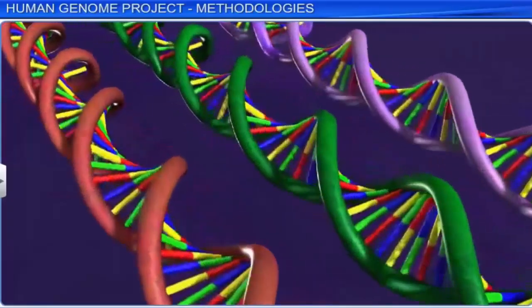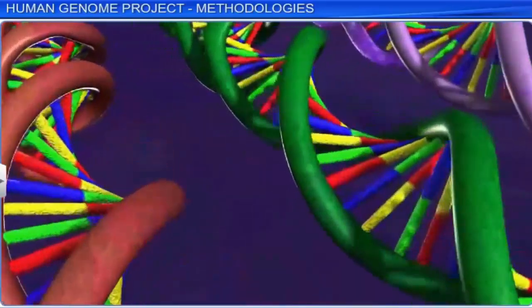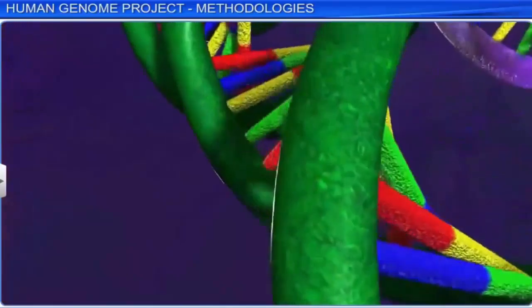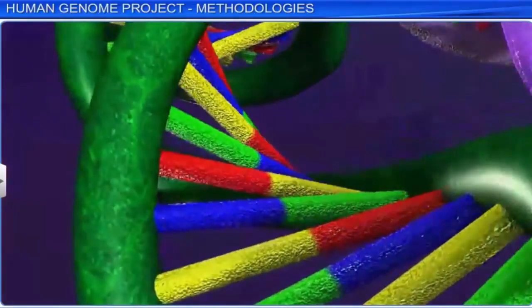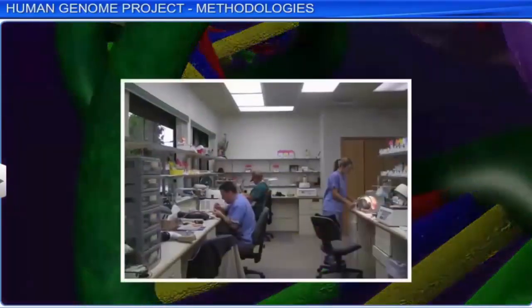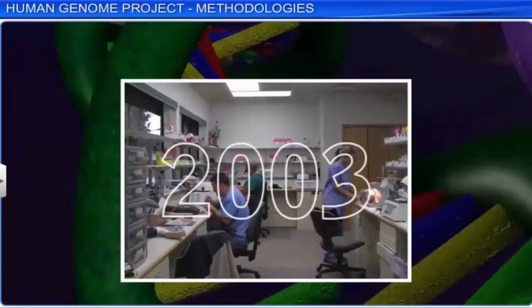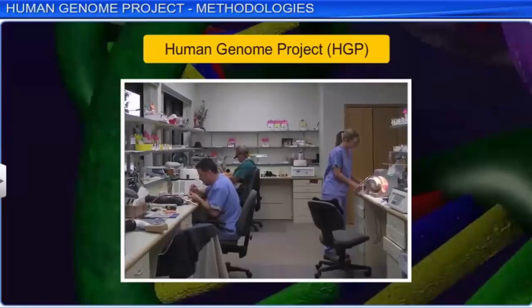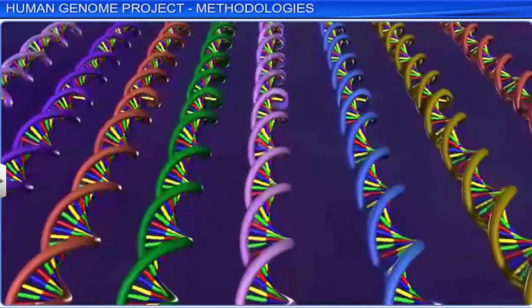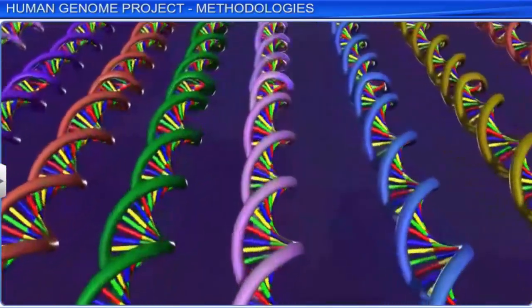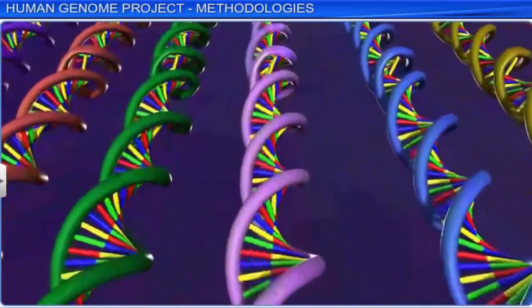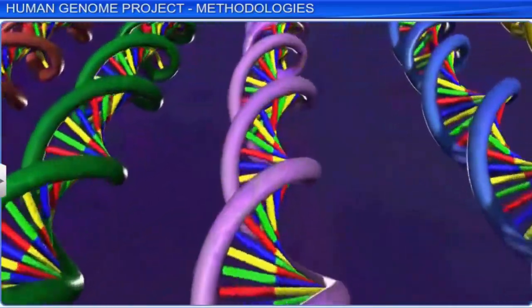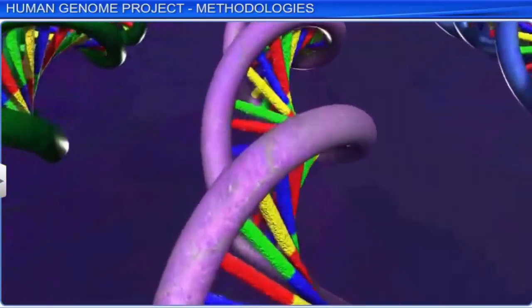In the past, biological researchers could study only one or two genes at a time. This changed completely in 2003 with the completion of the Human Genome Project. With the entire gene sequence and advanced genetic engineering technologies at one's disposal, biological research could now be conducted on a larger scale.